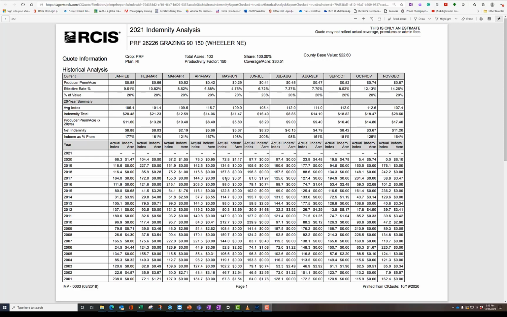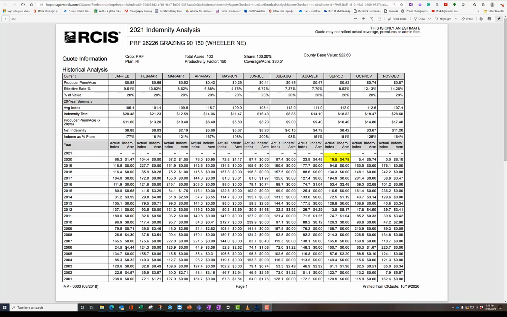The bottom section of this page is an historical analysis of what has happened in the last 20 years, between 2001 and 2020. For example, in January, February of 2020, you'd have received $1.47 in indemnity. In August, September, you'd have received $4.48. In September, October, $4.98.